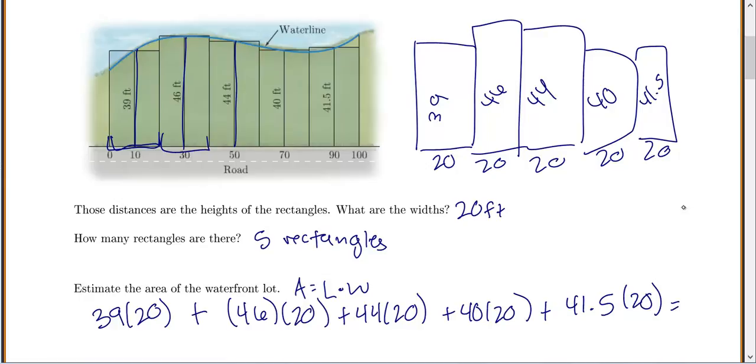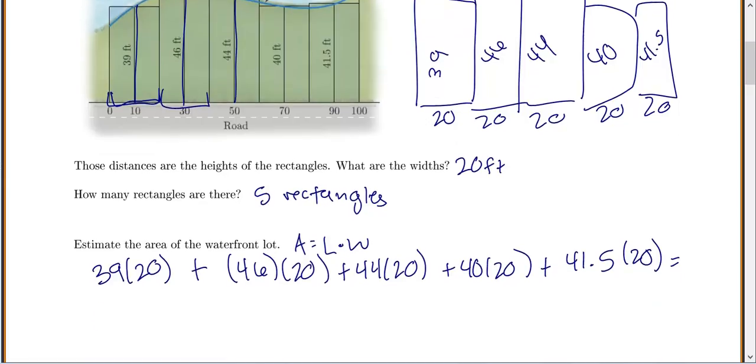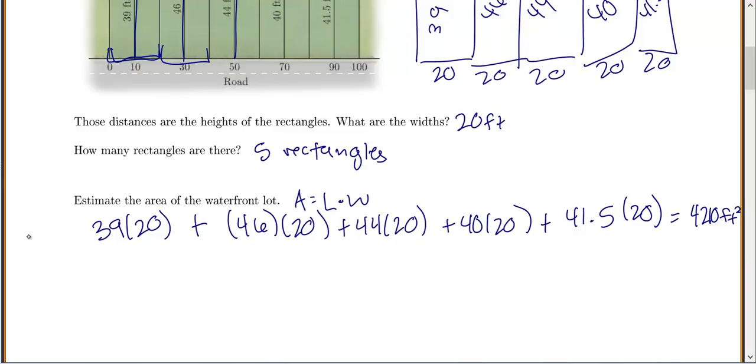And if I add all of those up, I'm going to get 4,210 square feet. That would be my estimate of the area of the entire lot.